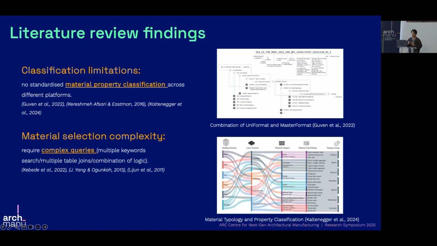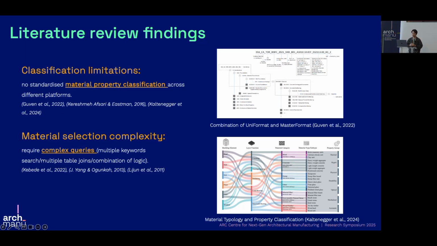The image below shows one research that tries to extend MasterFormat to develop a classification not only for materials, but also for material properties. But it is limited to performance properties. In the actual design process, visual attributes such as color, texture and pattern are also very important for designers to select materials.